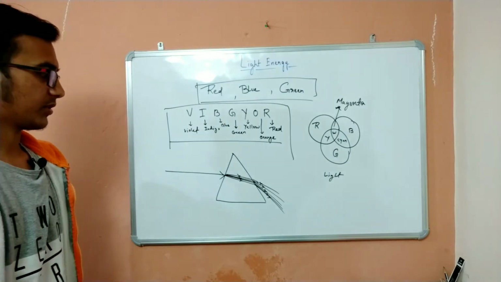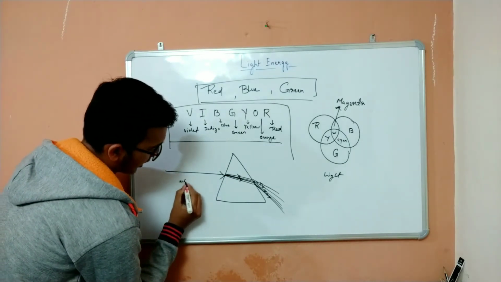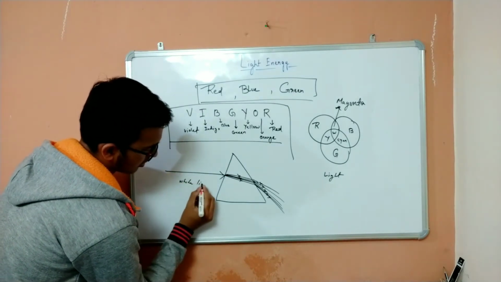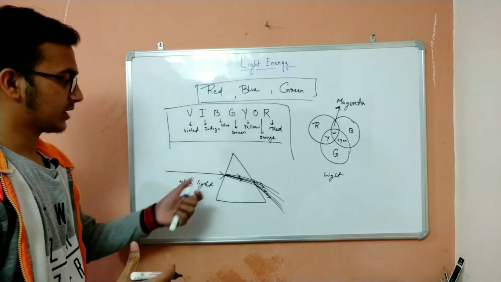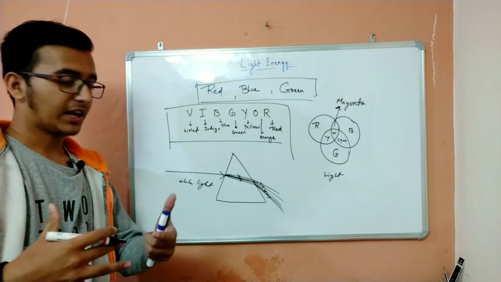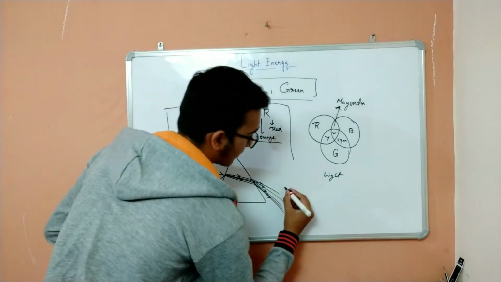This white light gets diffracted. This is a refraction. So white light gets diffracted into 7 different colors.